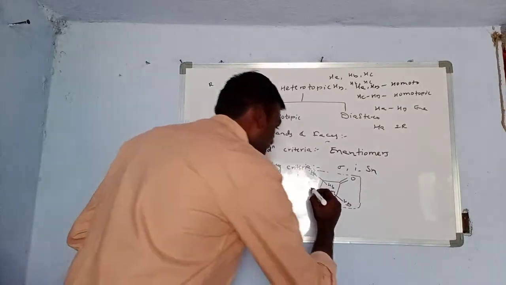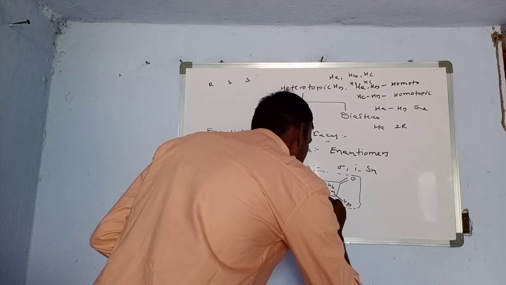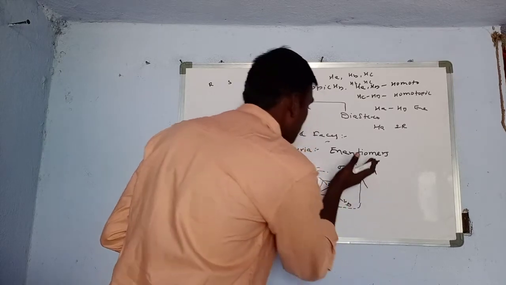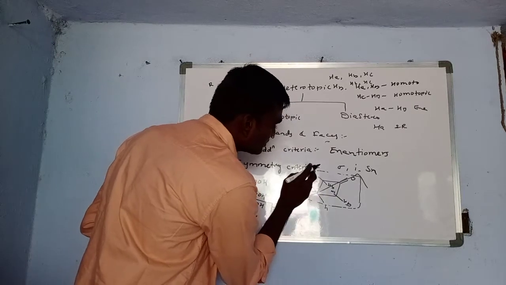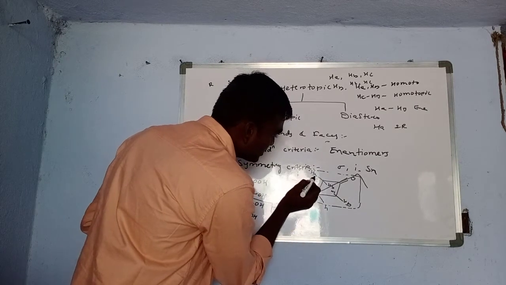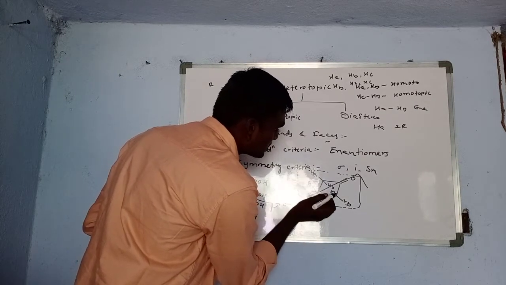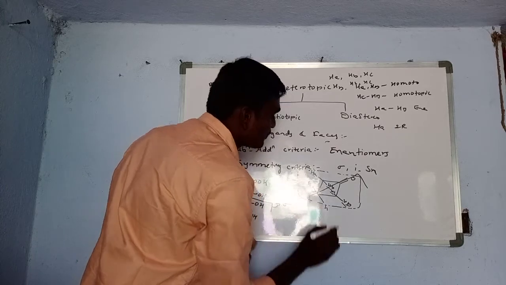Another plane passes through the carbonyl carbon, and in this plane HA is reflected to HC and HB is reflected to HD.